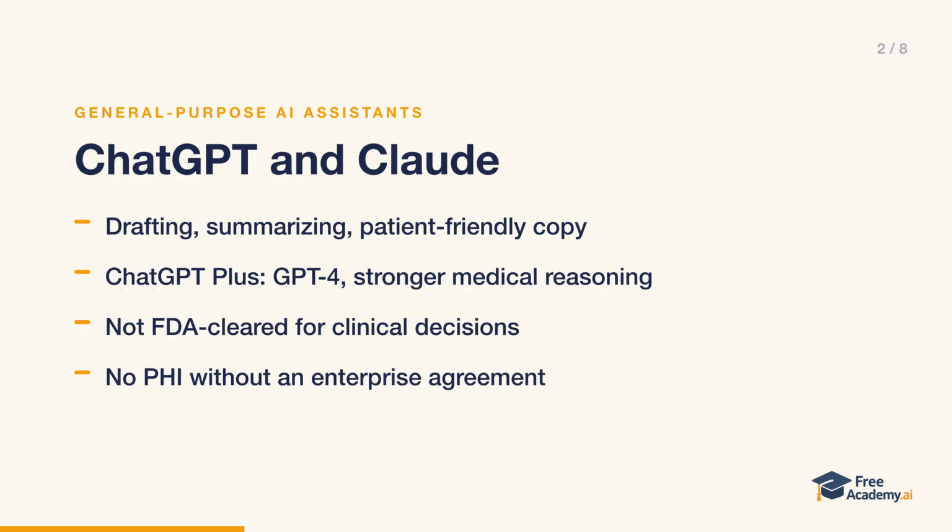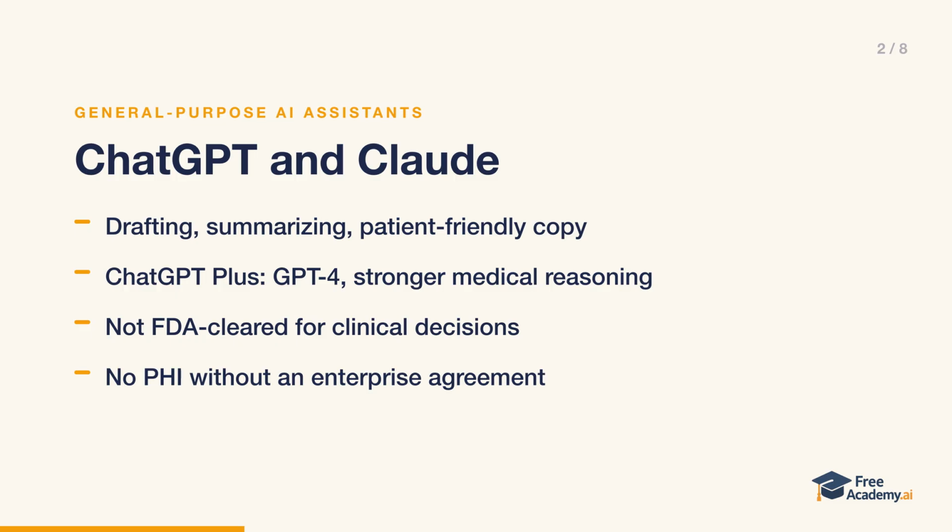ChatGPT from OpenAI is the most widely known large language model. It can draft correspondence, explain complex medical concepts in patient-friendly language, summarize articles, and brainstorm differential diagnoses for educational purposes. The paid version, ChatGPT Plus, offers GPT-4, which shows stronger reasoning on medical questions.